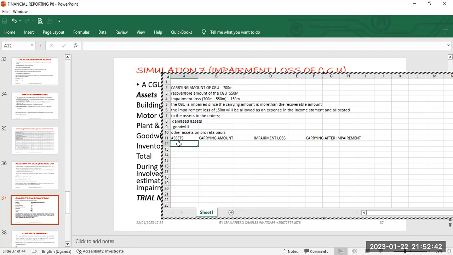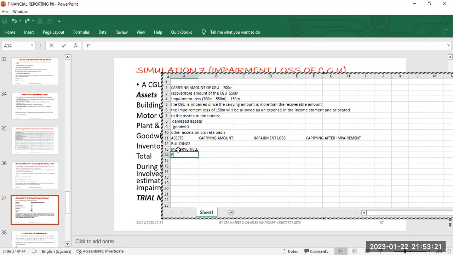We have the buildings, the motor vehicle, and plant and machinery.